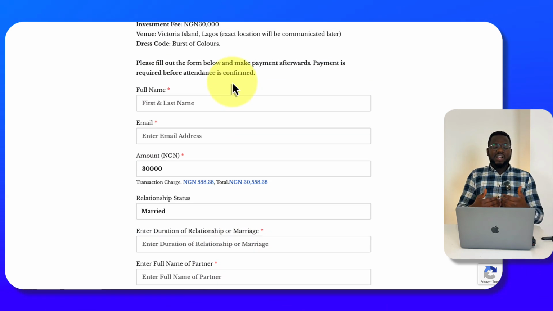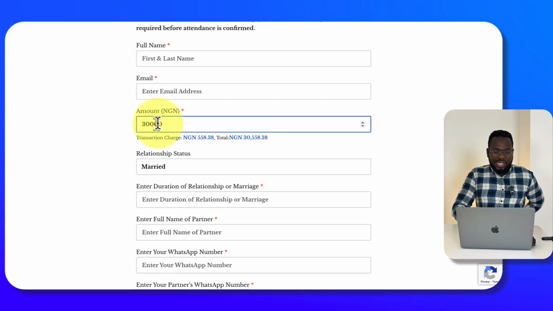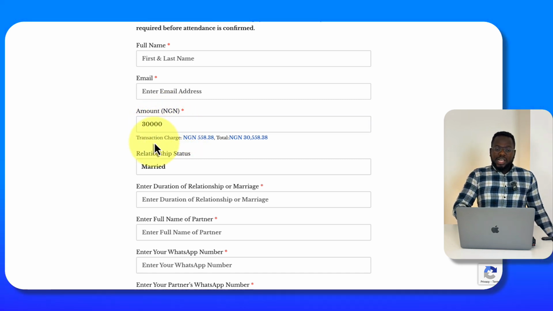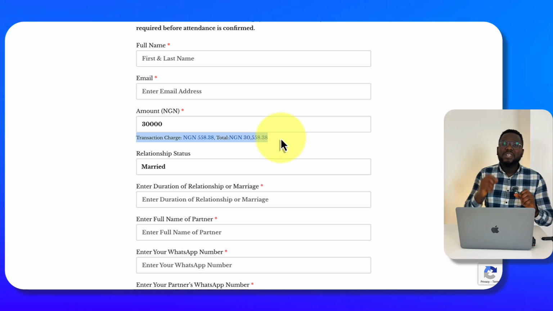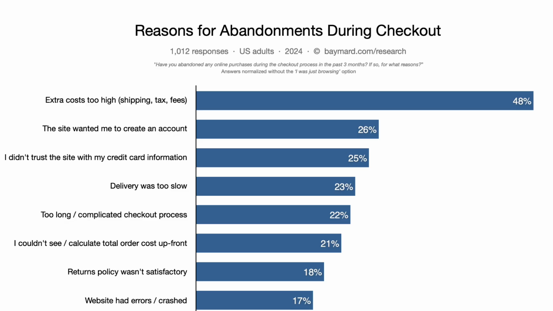So if I was to recreate this, I'd probably just leave name, email, and this amount. I will remove this transaction fee, to be honest. There is a research, I've forgotten, I think it's done by Google, about e-commerce and why people abandon carts.